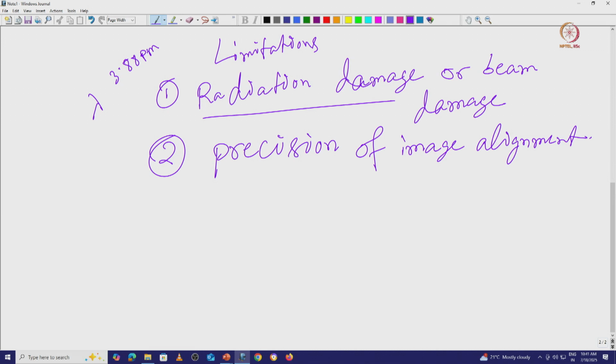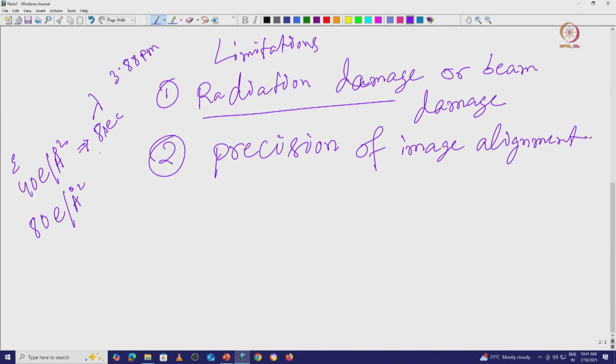Generally I suggest you go for 50 electrons per angstrom square, and the total exposure time you can use is some 8 seconds. If you want to increase your electron dose, sometimes you can use 80 electrons per angstrom square or 100 electrons.